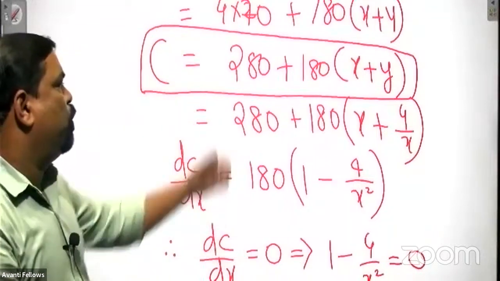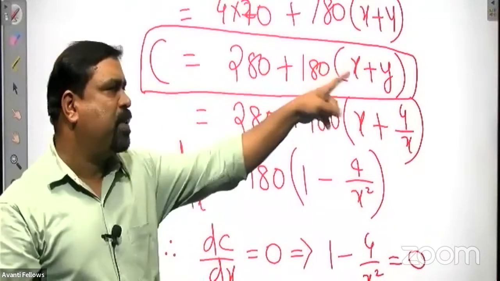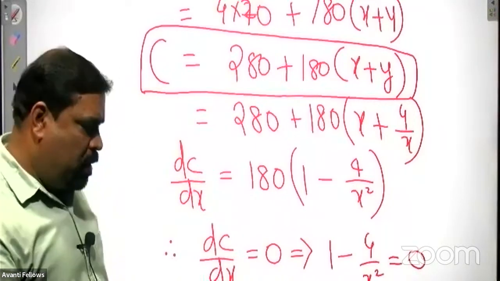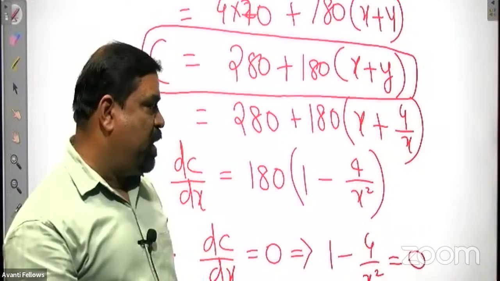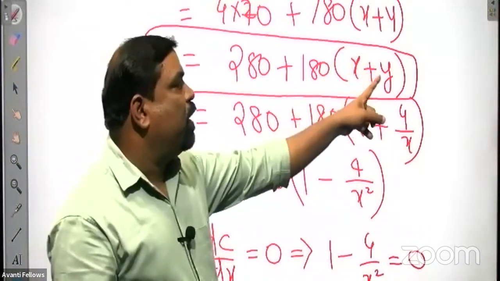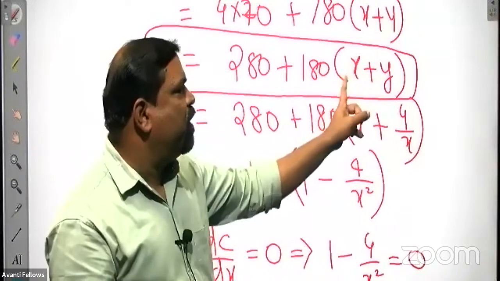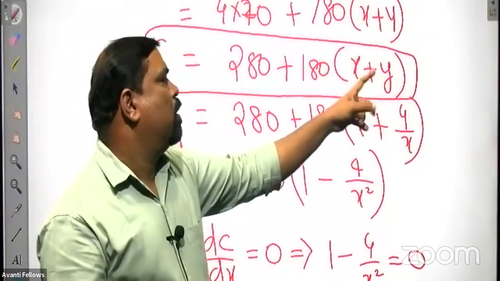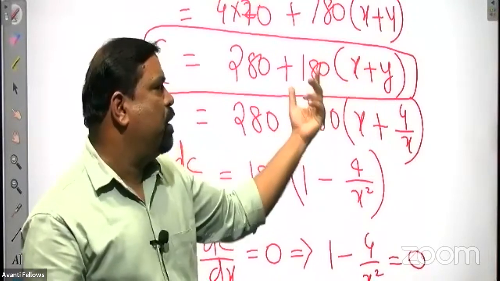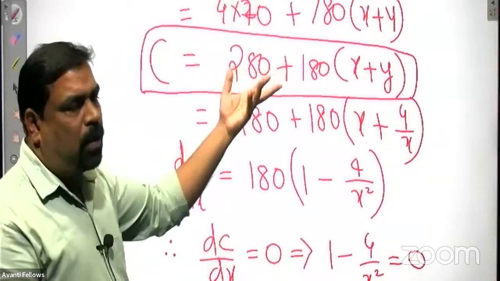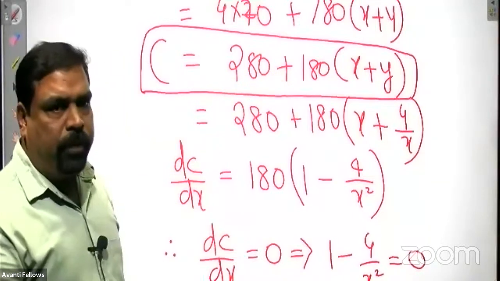C is equal to 280 plus 180 into x plus y. So least expensive tank means the cost is least when x equal to 2 and y equal to 2. So put x equal to y equal to 2. Easily we can calculate it. 2 plus 2 is 4. So 180 into 4 means 720. 720 plus 280 means I think 1000. So that is the answer.